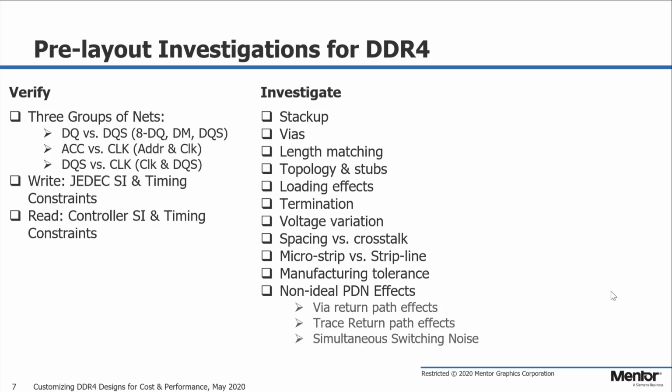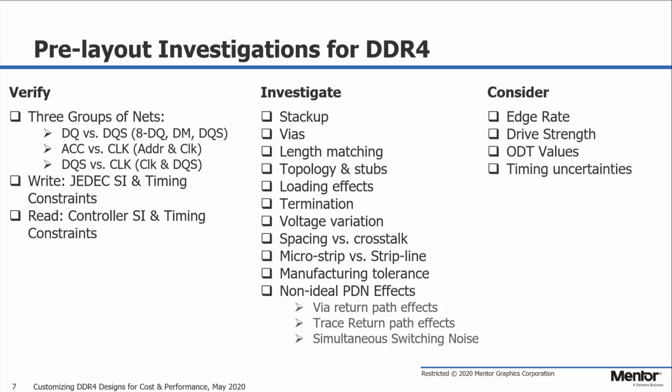You will also need to consider these device-related factors as shown in the third column. In your pre-layout analysis, to maximize SI and timing margins, some of these factors are using the edge rate control driver, enough drive strength to meet the timing requirements, and best ODT values for data and strobe nets. You also need to include the controller and DRAM timing uncertainties in your margin calculations.